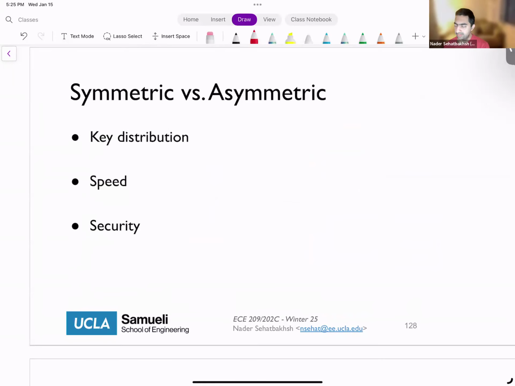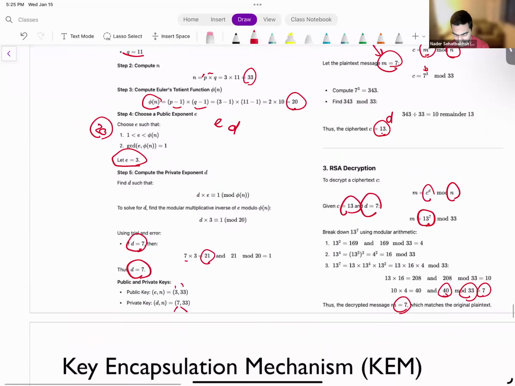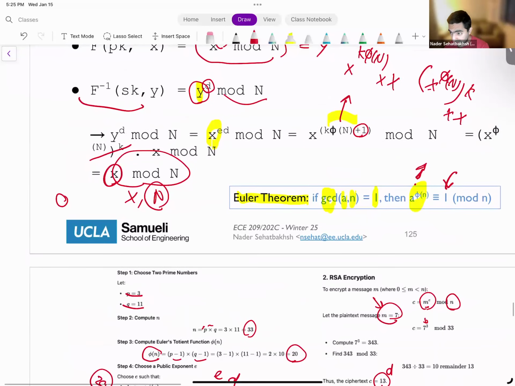So to finalize, key distribution in asymmetric is much easier because you can just share your public key and then you're good. Speed in symmetric is much faster because there is generally much less computation, and the complexity of computation is much less.